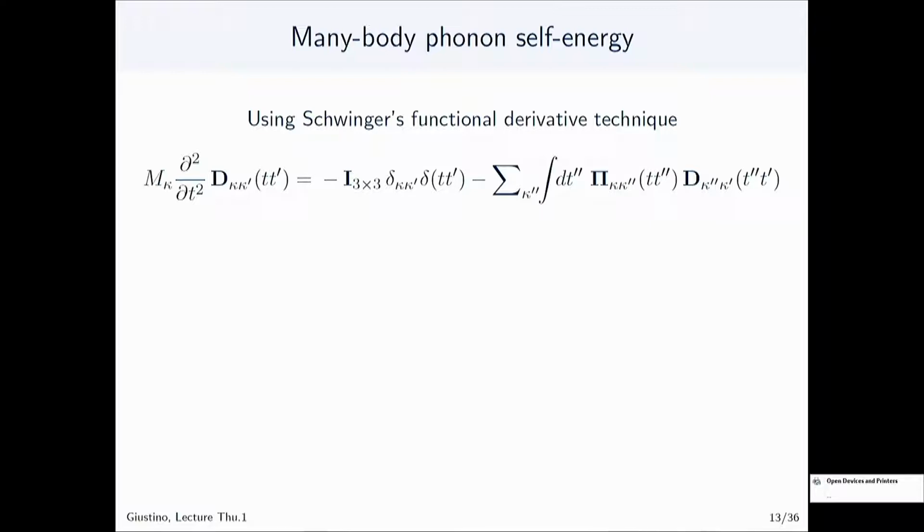It's the identity here minus an object which is the product of two things. The first one is called the self-energy of the phonon, and the second one is, again, the Green's function. Clearly, this is just a formal thing. I did not prove it, but it's useful to start having this equation to see what happens.